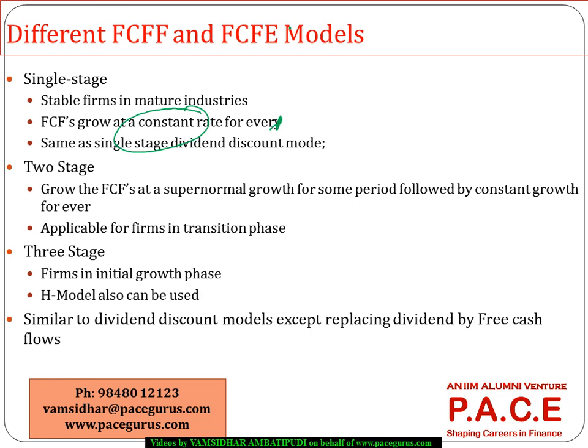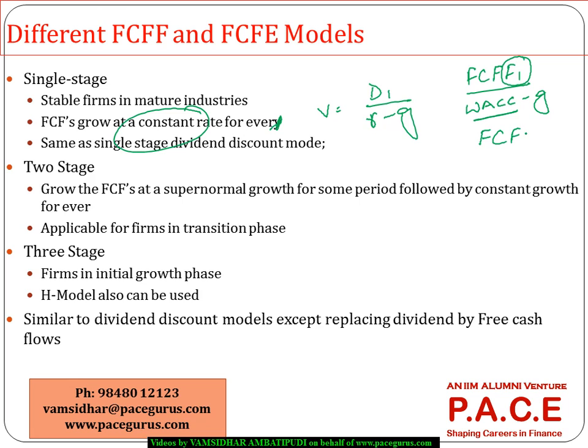So, we can directly use, just like the way we have used D1 by R minus G as the value of the firm, here we will use FCFF1 by WACC minus G, because here the required rate of return we are taking as weighted average cost of capital, especially if I am looking at free cash flow to the firm.